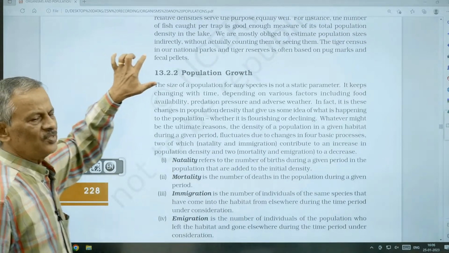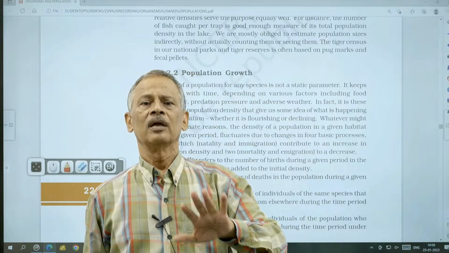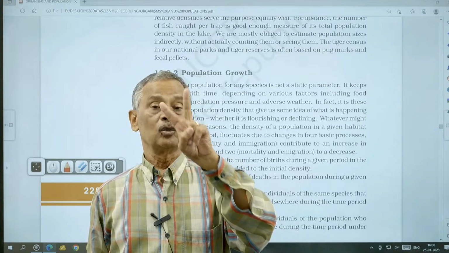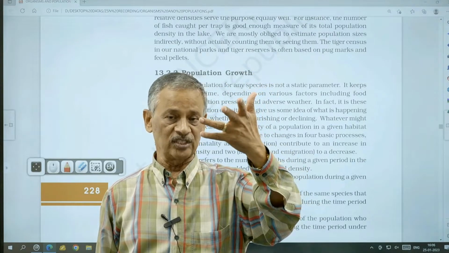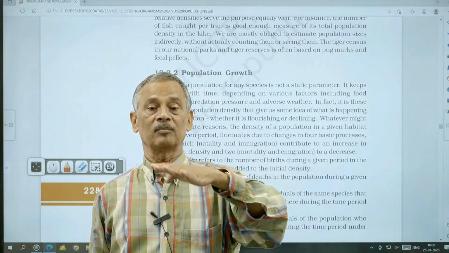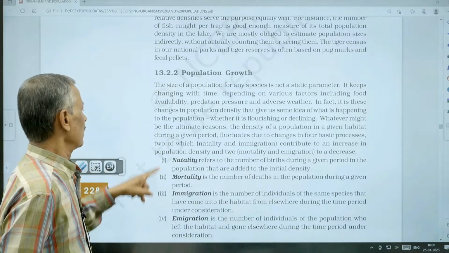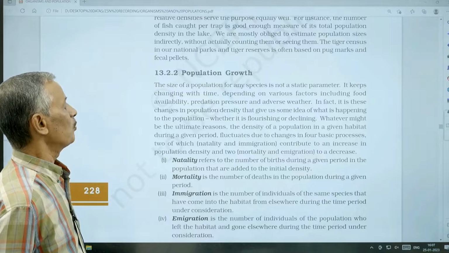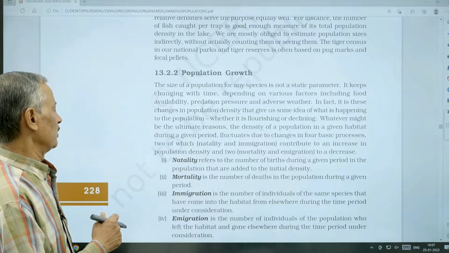And the density is never stable. It goes on changing. What are the factors that affect this population? Two factors are always trying to increase the population density. The other two are negatively affecting, that is causing a decline in density. So, for example, natality, that is the number of births during a given period, will be increasing.